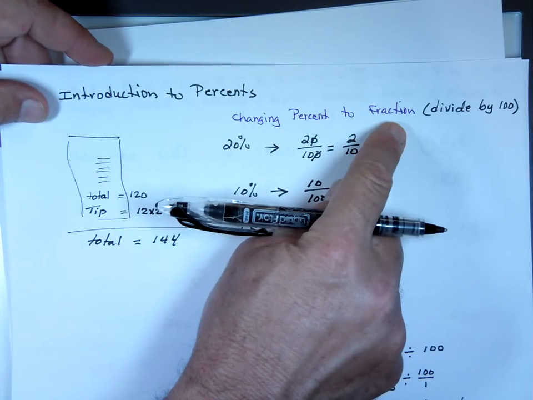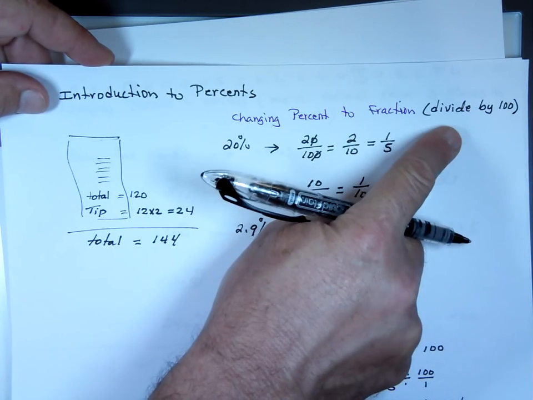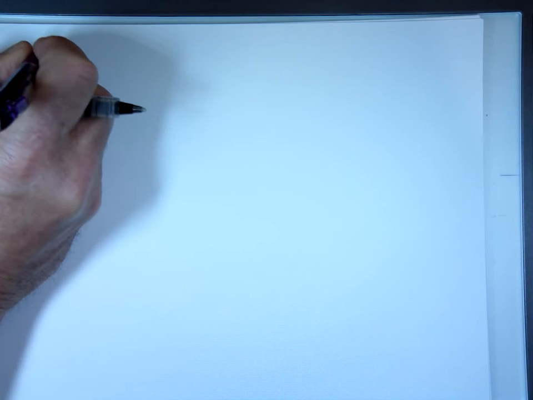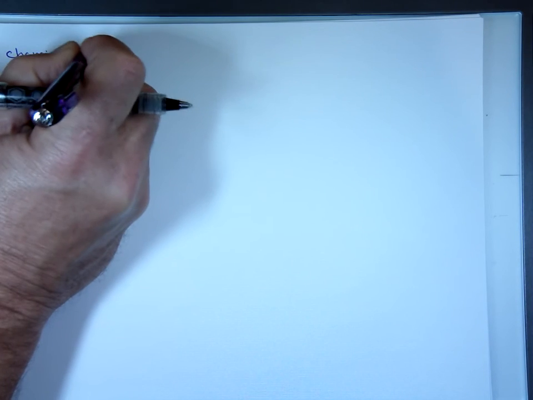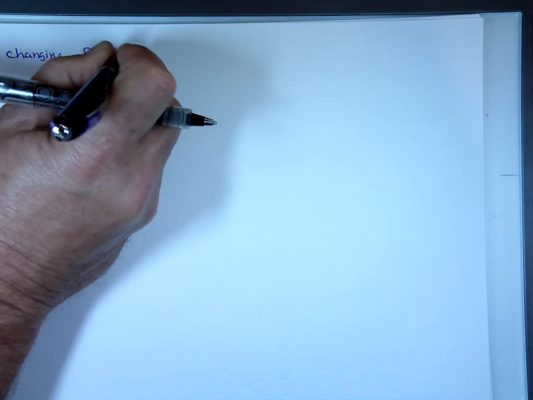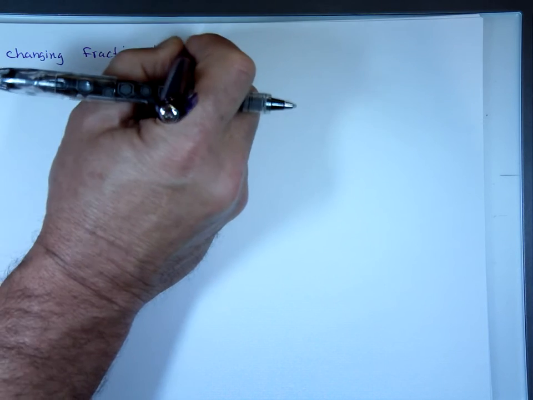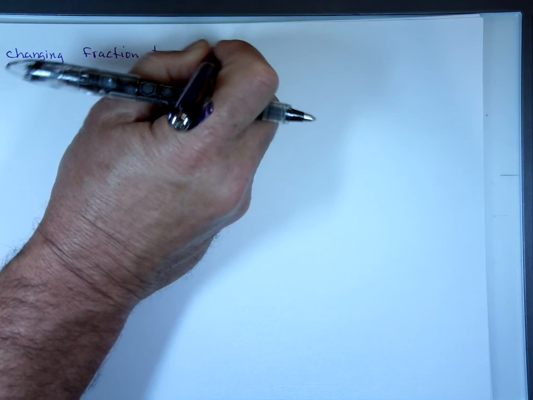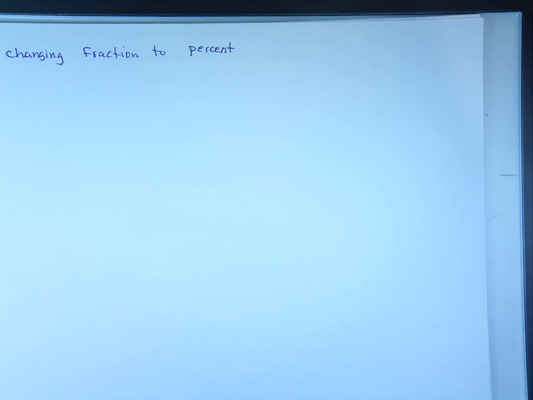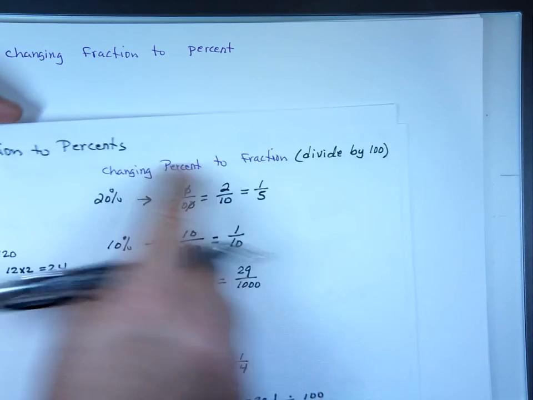Again, a quick reminder. How do we change percent to a fraction? Divide by 100. So, well, let me ask you this. How do you change fractions then to percent? Changing percent to a fraction, we divide by 100.